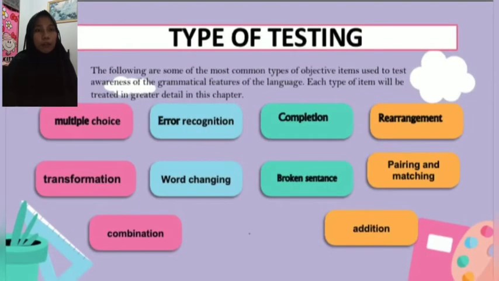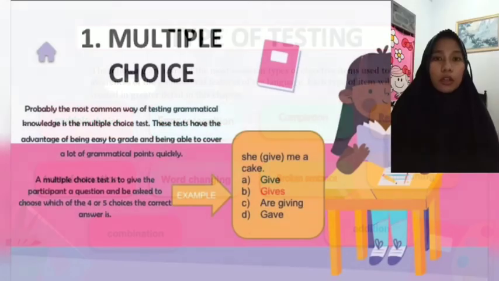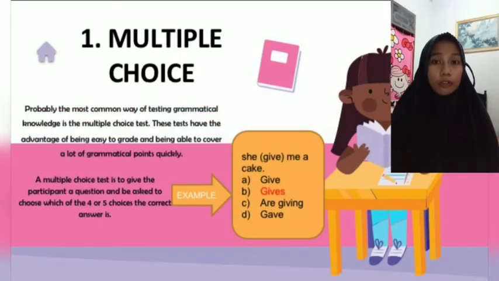The types of testing: multiple choice, error recognition, completion, rearrangement, transformation, word changing, broken sentence, pairing and matching, combination, and addition. The first type of testing grammar is multiple choice. Probably the most common way of testing grammatical knowledge is the multiple choice test.